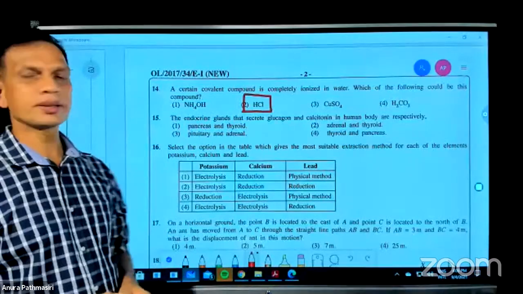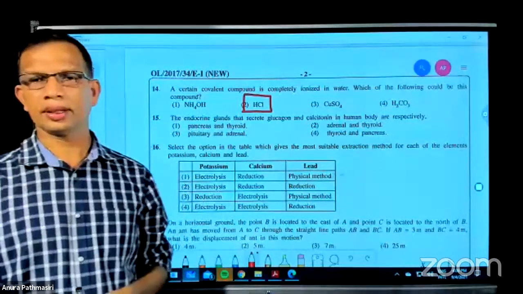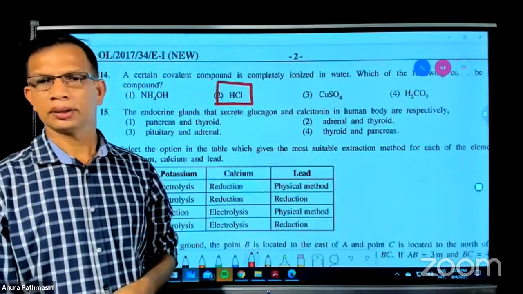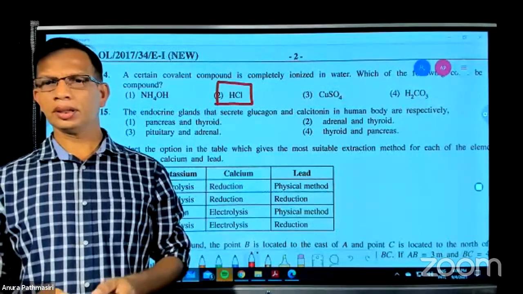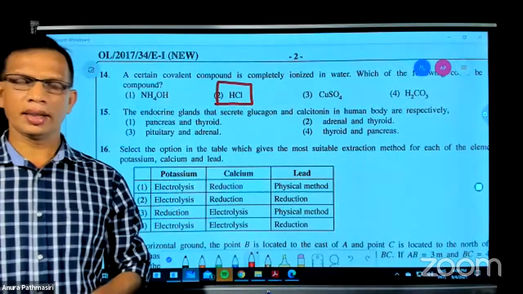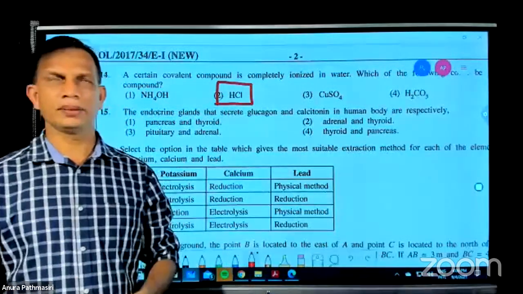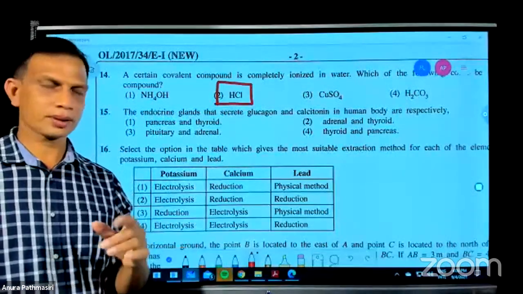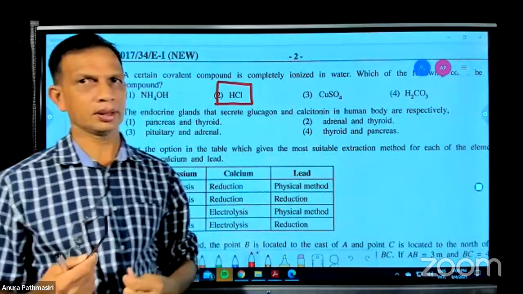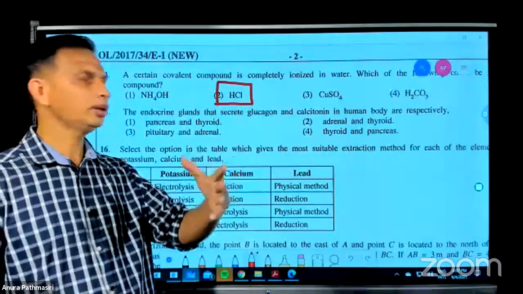The endocrine glands that secrete glucagon and calcitonin in the human body are respectively. You know, the endocrine glands are ductless glands. We have studied them under the coordination lesson. All are ductless glands, right? And hormones are secreted straight away into the blood.